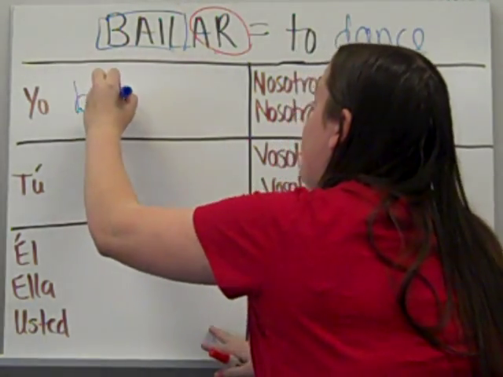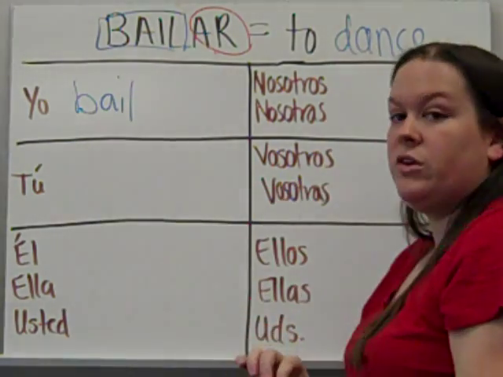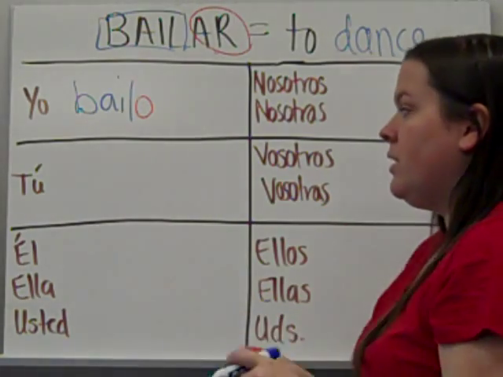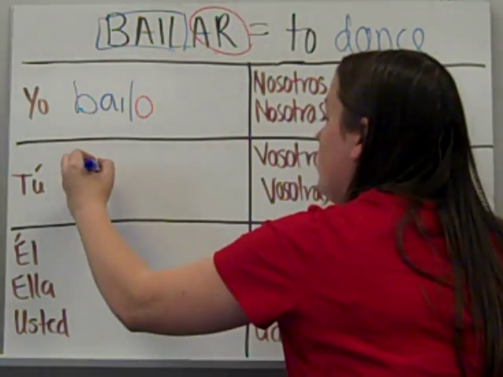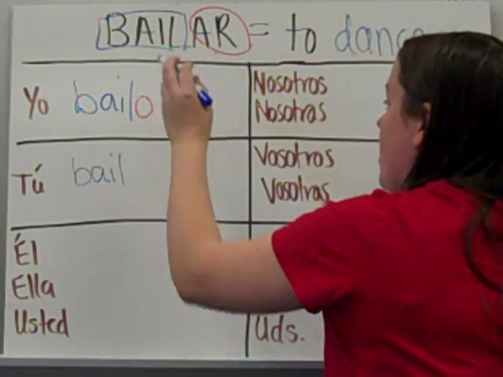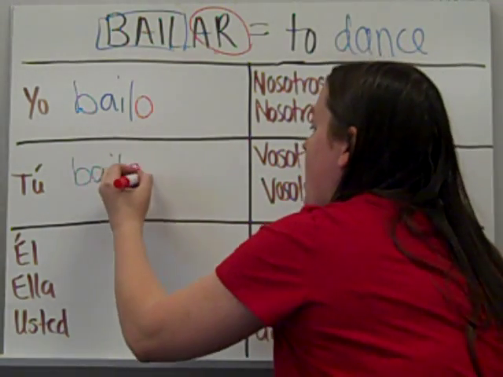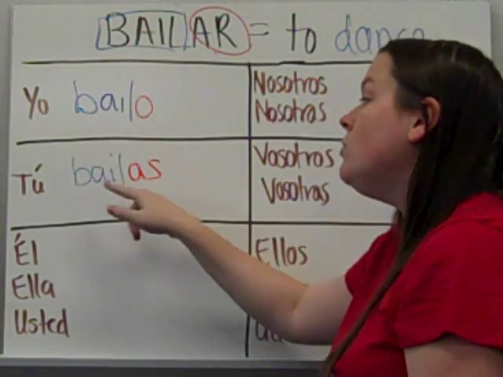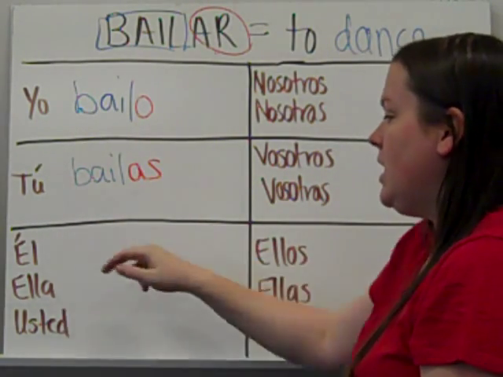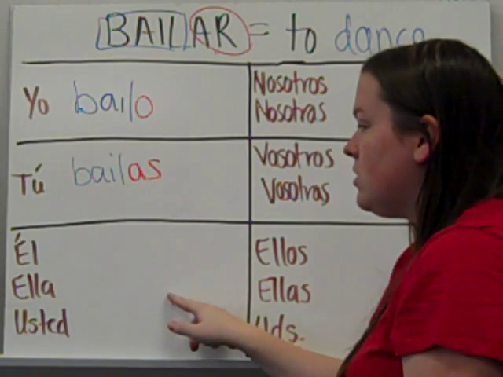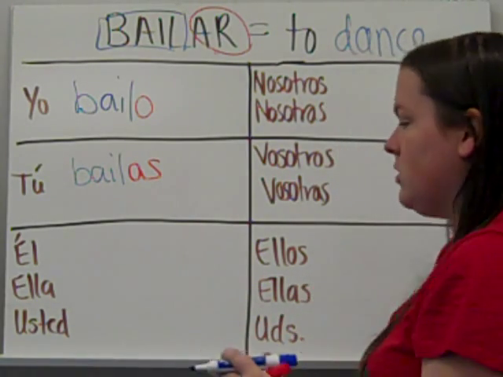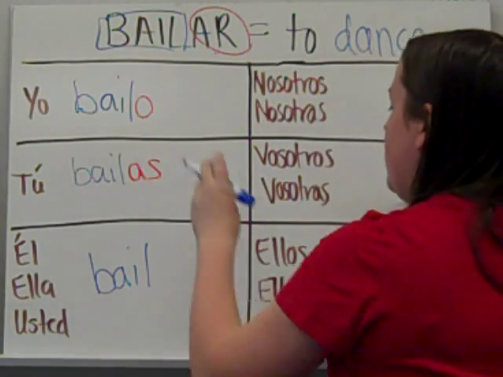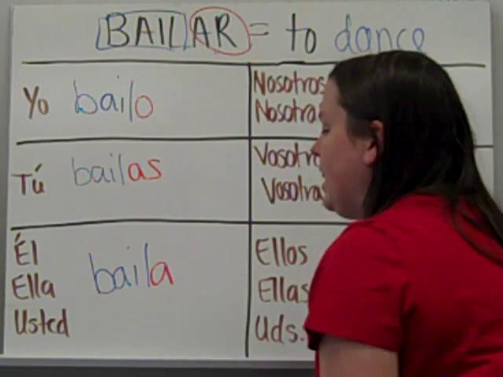Okay, so this is our stem, and this is our end. So our stem, bail, and our first ending for I dance, yo bailo. Next one for tú, again cut off the AR, tú bailas. So this is I dance, you dance, and now we're going to make he dances, she dances, or you formal dance. So again, take off the AR, bailo, bailas, baila.